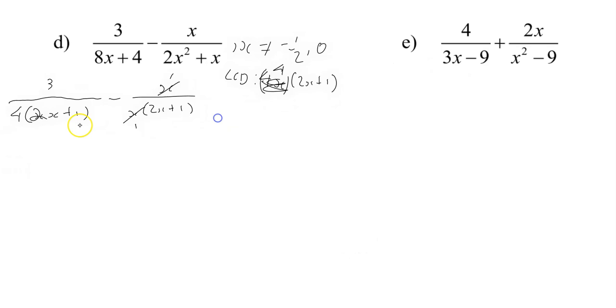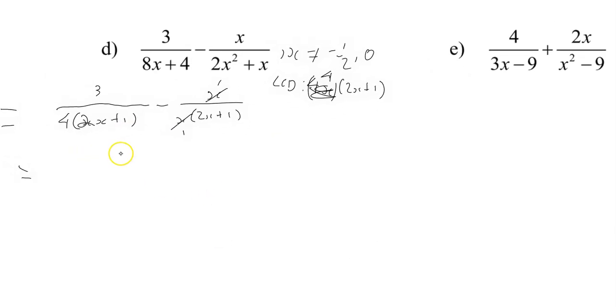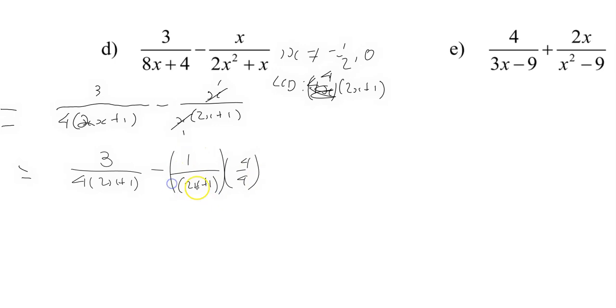Alright, so, wow, just keeps getting bigger and bigger. Equals 3 over 4 times 2x plus 1 minus, so now this is 1 over 2x plus 1. So it's going to need a 4. So this doesn't need anything to get the common denominator.